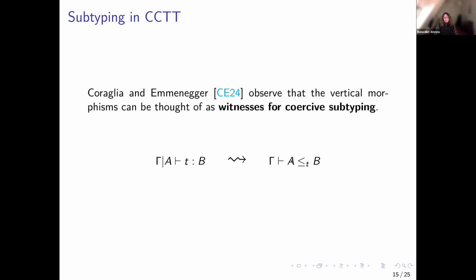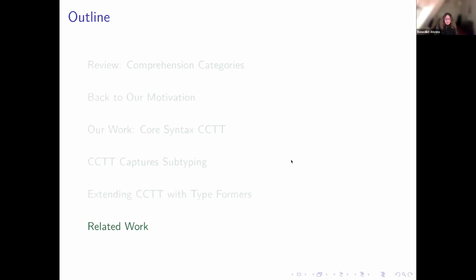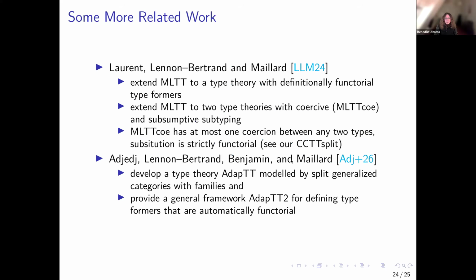That is studied in this related work, where there are translations between these different syntaxes. In particular, in MLTT coerce, that is restricted to at most one coercion between any two types. So in some sense, the category of types is thin.